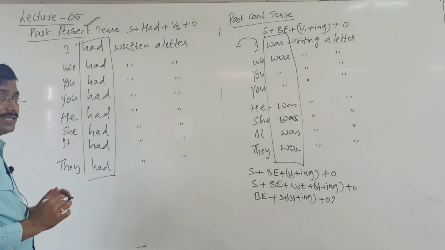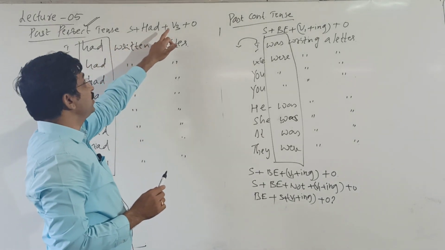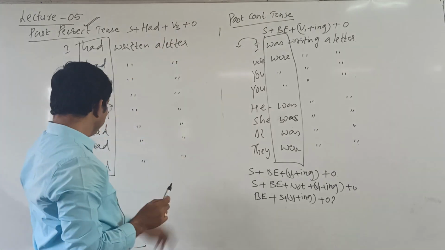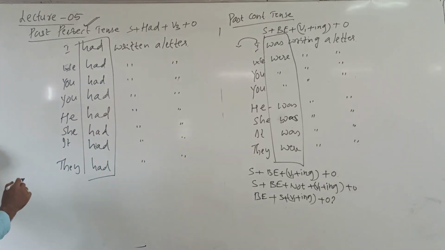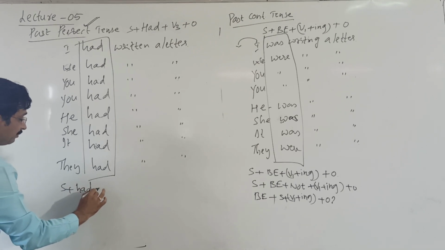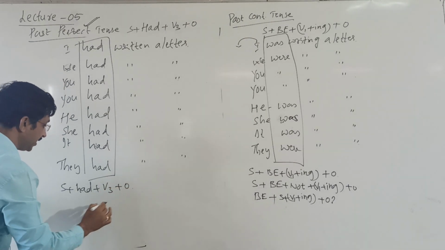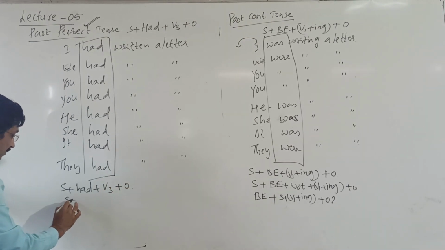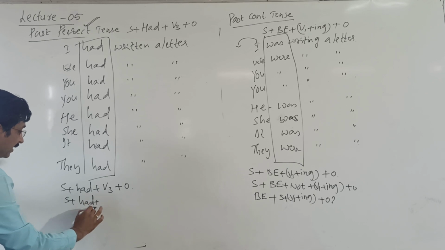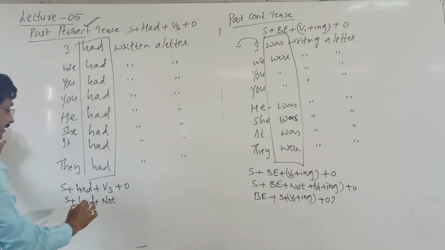While writing past perfect tense, the structure used is subject plus had plus V3 plus object. Now, what are the further structures? Subject plus had plus V3 plus object, that is the positive statement. Its negative is subject plus had plus not plus V3 plus object: I hadn't written.